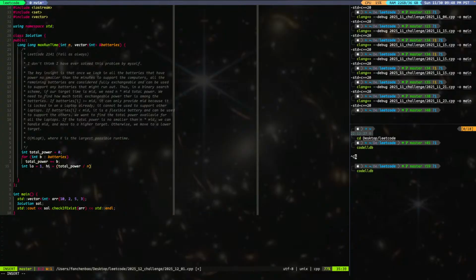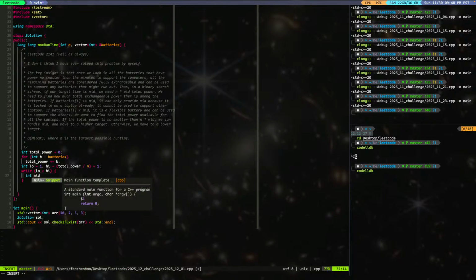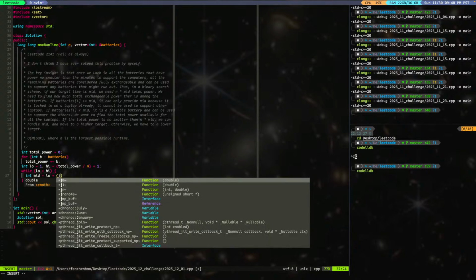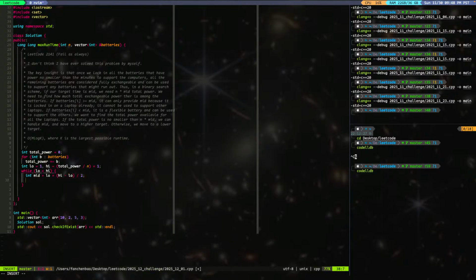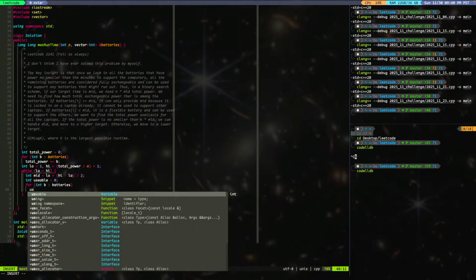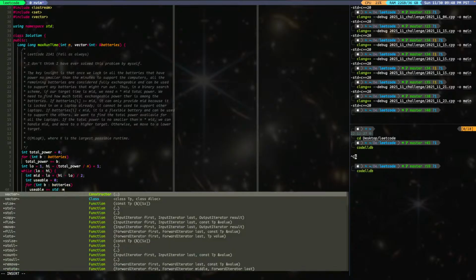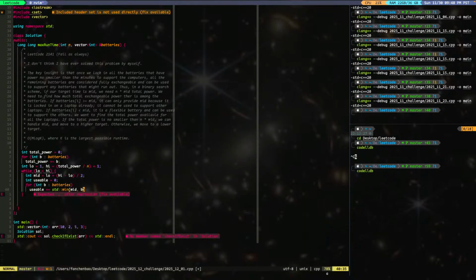I like the +1. Usable, right, usable plus equal to minimum of mid and B.